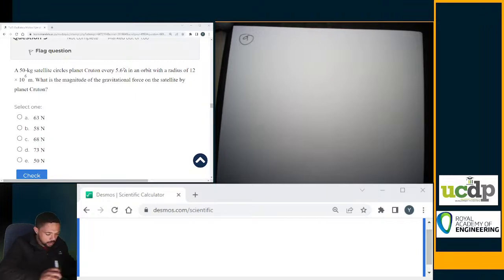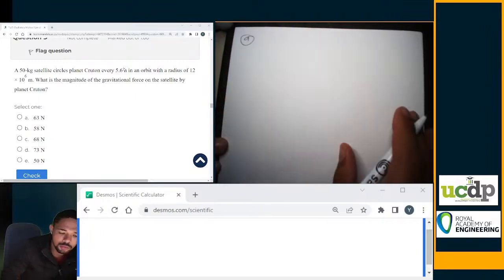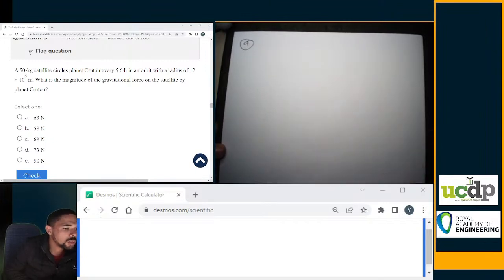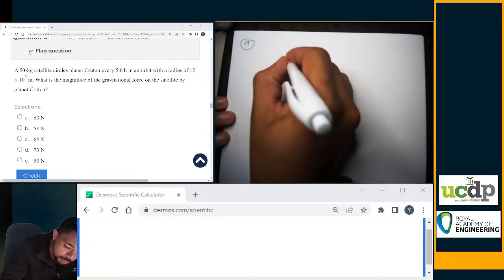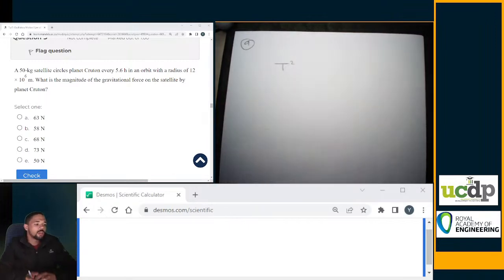Now Kepler's third law, we will write it down. Kepler's third law states the following. I'm going to write it in formula form. It states that the square of the period is proportional to the cube of the semi-major axis of the orbit.